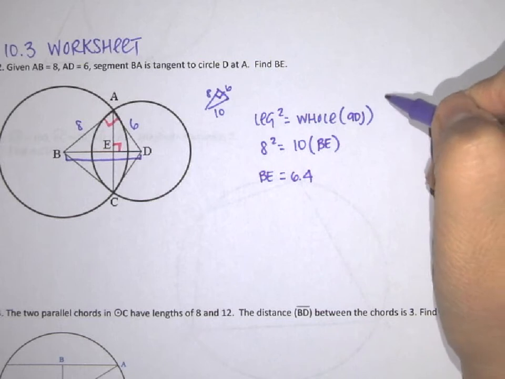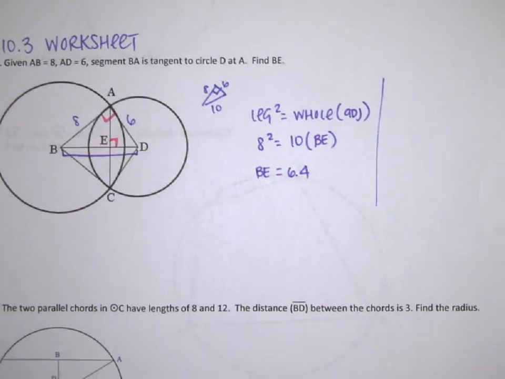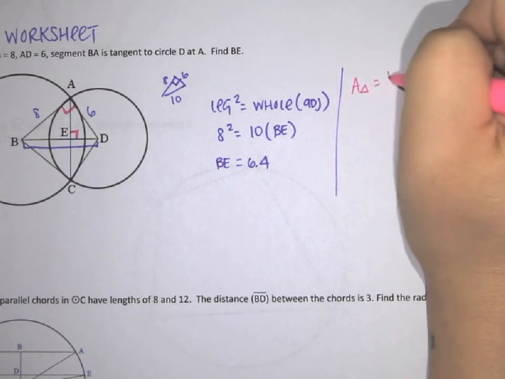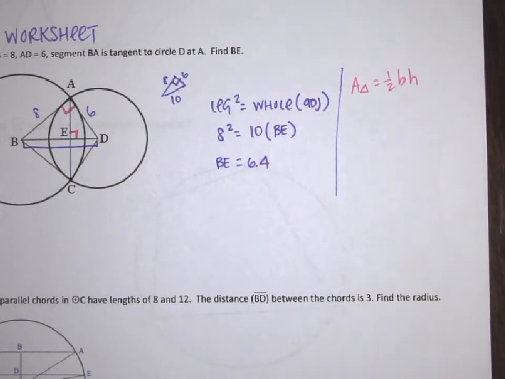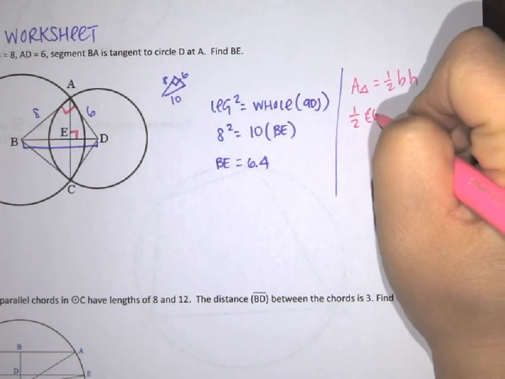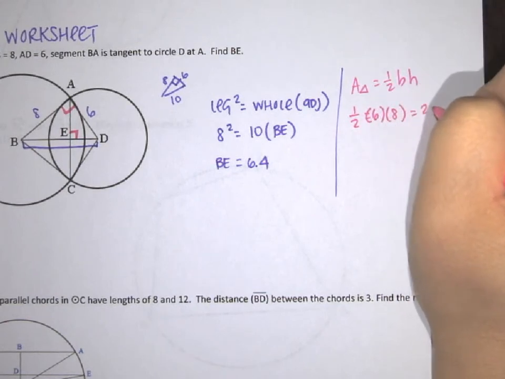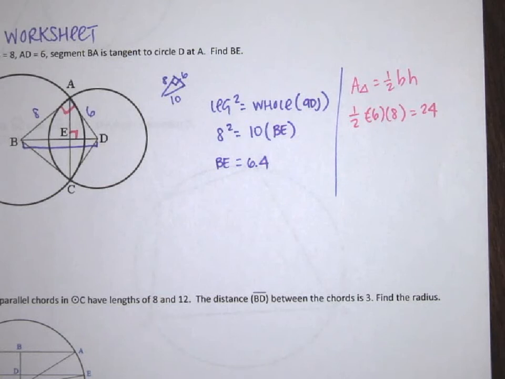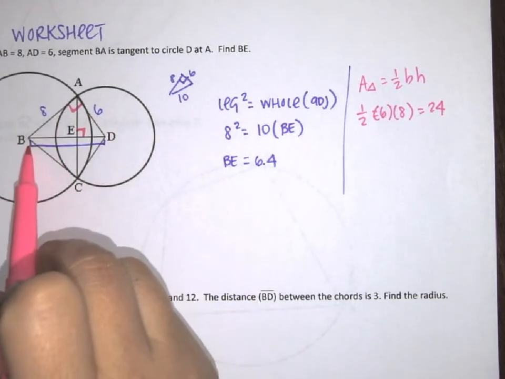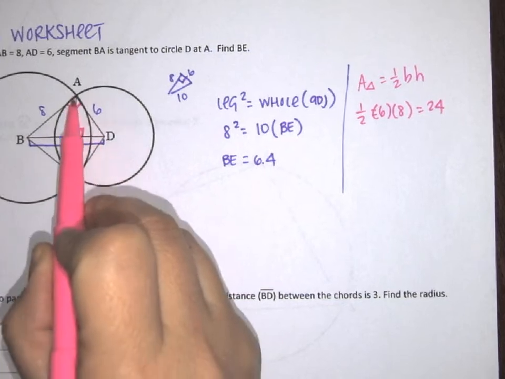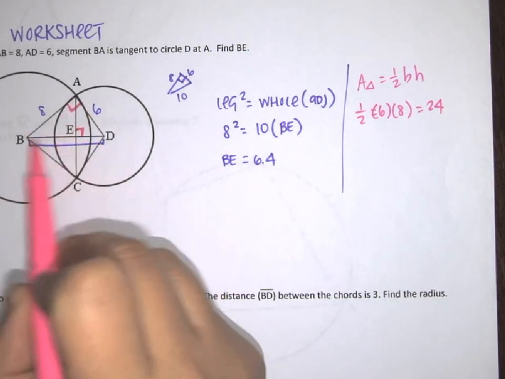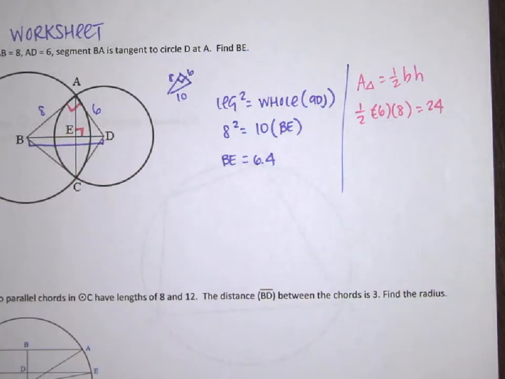The other way that you can do this problem is by using area of a triangle. So area of a triangle is 1/2 base times height. The area of this triangle is, 6 times 8 is 24. That's using 6 and 8 as our base and height. We could also use 10 as our base and AE as our height. It's the same triangle, so it's going to have the same area.